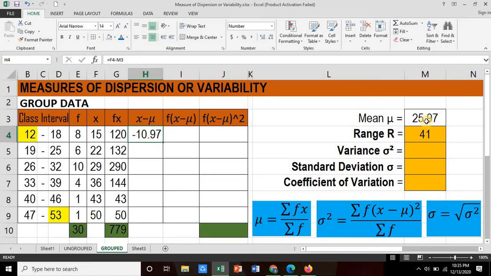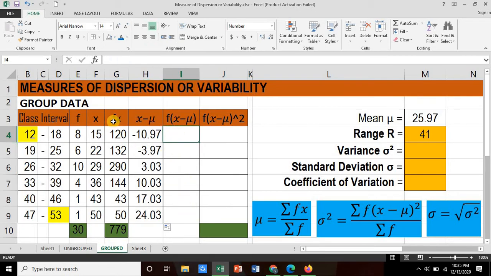However, we need to lock the value 25.97 located in the cell M3. So we simply place a $ sign before the letter M and a $ sign before the number 3. Press enter, and we are now ready to copy the formula. Simply drag it down, and the whole column is now completed.